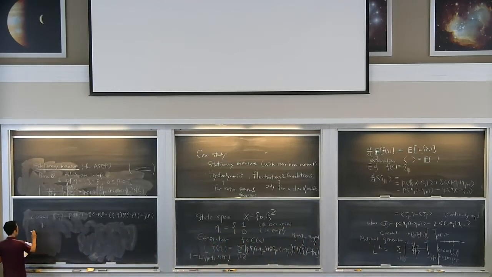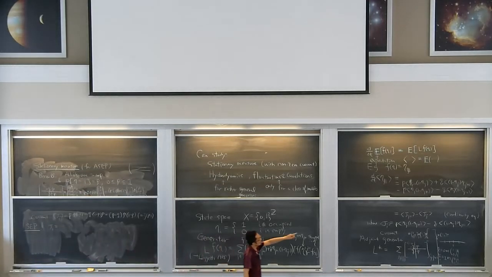But maybe it is easier to start from the SEP case. So now we are considering the symmetric case. In this case, maybe I come back to the definition of this current. When p is equal to q, there is something spectacular happening.